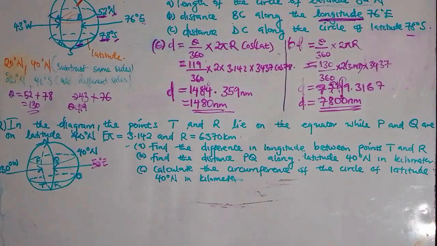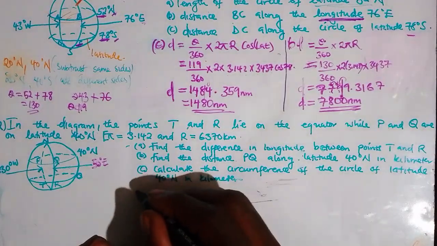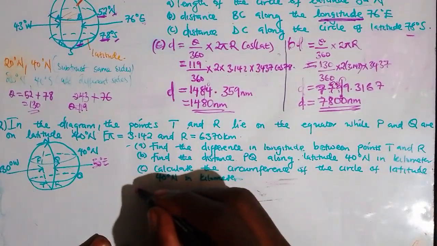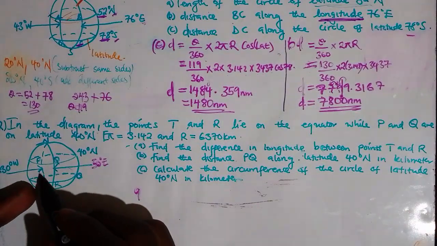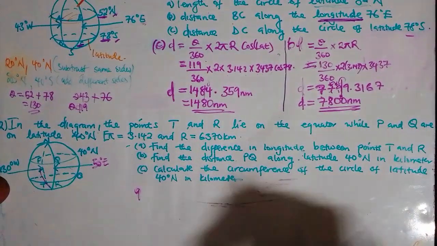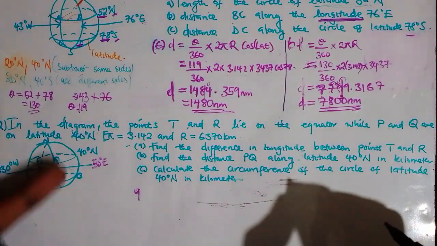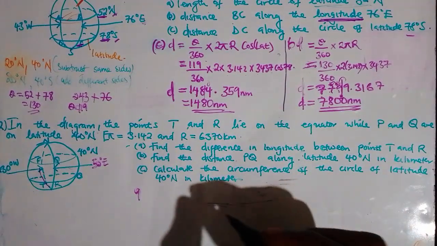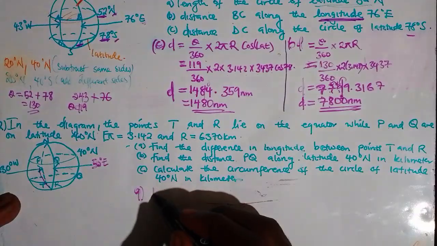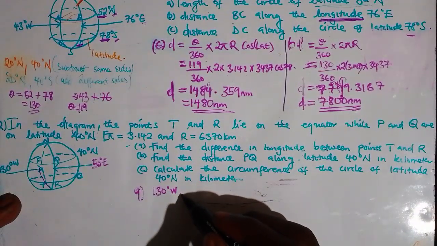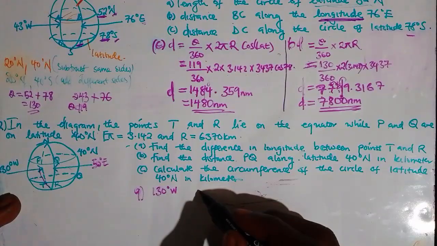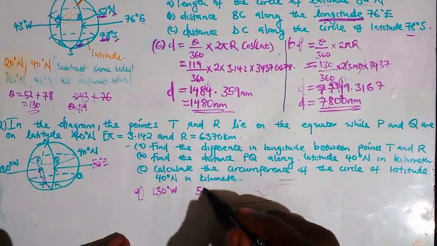So our A, you say, where is T lying? What is the longitude for T? I told you the longitudes are what? Long lines. Latitude, these lines. So you say 130 degrees west. What is the other one? 50 degrees east.